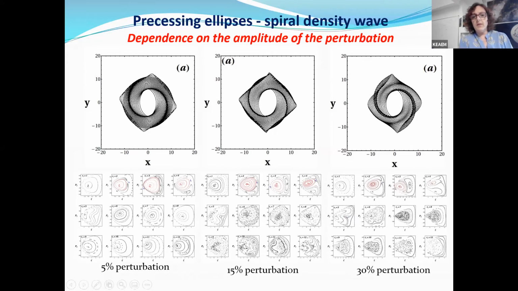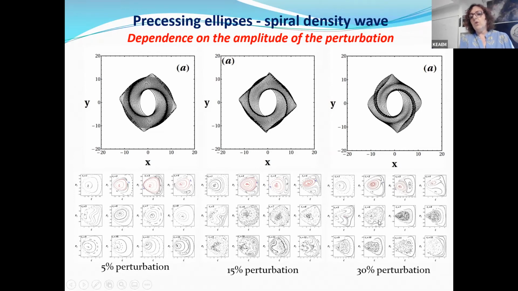For the 15% perturbation, we can see in the phase space that chaos is introduced after the inner Lindblad resonance. However, the X1 orbit is still stable, and it has material around it that can support the spiral structure. The spiral structure is more well-defined and more confined, while for the case of the 30% perturbation, chaos is introduced all the way outside the inner Lindblad resonance and up to the 4-to-1 resonance.